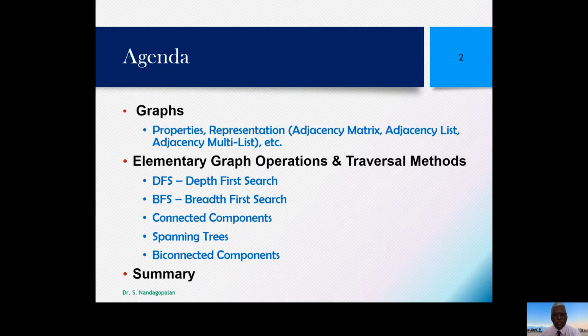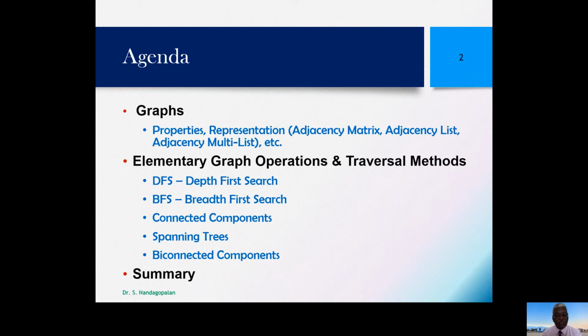So we have a systematic way of traversing these graphs using DFS and BFS, popularly known as depth first search and breadth first search. These are the two ways by which we can start from a particular vertex and visit each and every vertex without revisiting, of course. Also, we encounter what is known as connected components, because of the different types of graphs, we may have to get some subgraphs, where each one could be called a connected component.